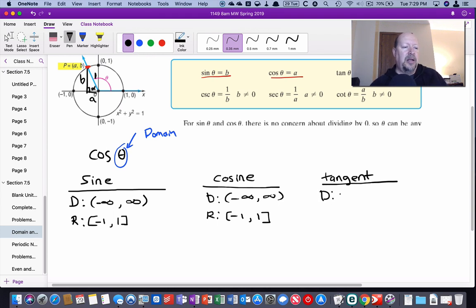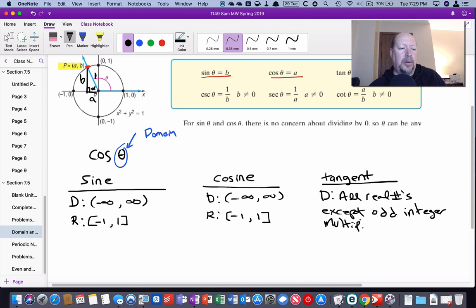So our domain for the tangent is going to be all real numbers except odd integer multiples of pi over 2 or 90 degrees. That's our domain for our tangent.